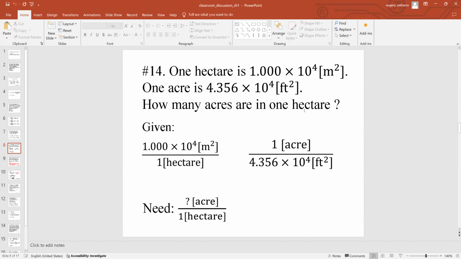Okay, we got a hectare as meters squared. We got an acre as feet squared. And the question is acres in a hectare. The good strategy here is to actually write down what's given and see what's missing. And be careful, all the conversion factors here are squared.